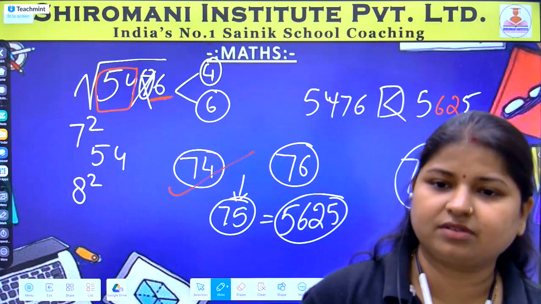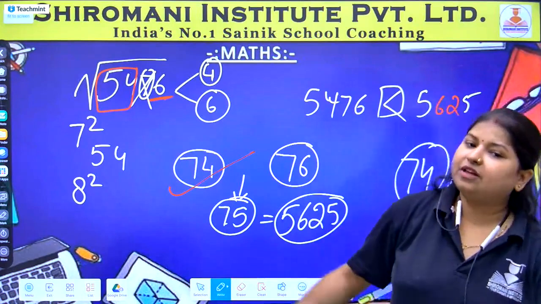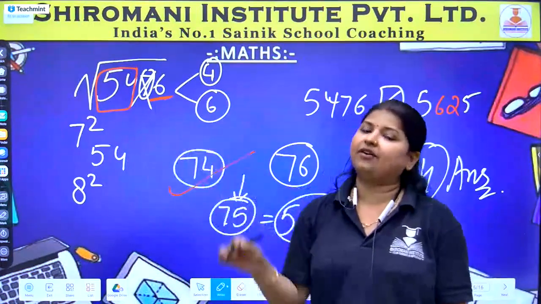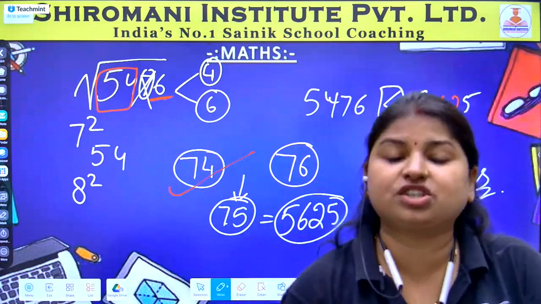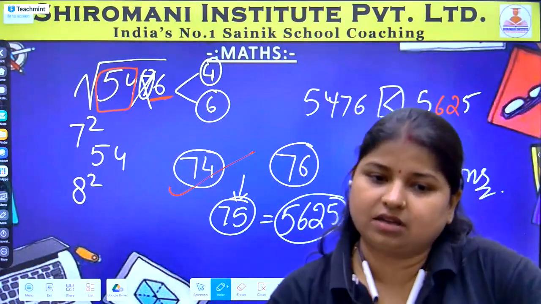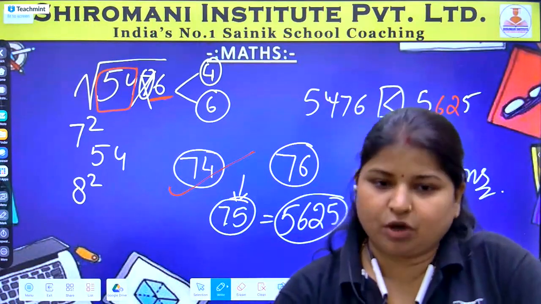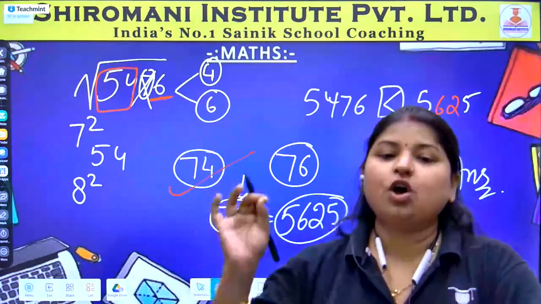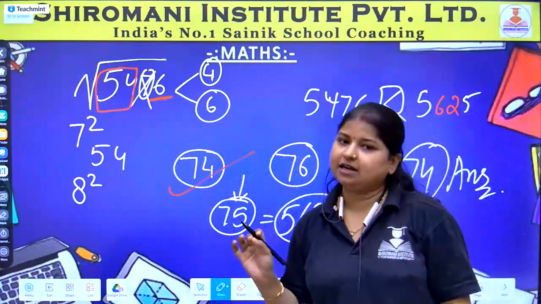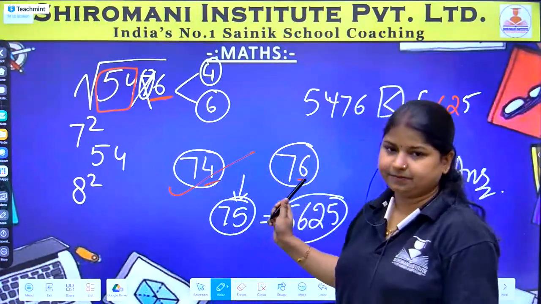Please turn it off. If the last digit is 6, you have to check that 6 comes in the square of which number. So 6 comes at the end of the square of 4 and 6, because 4 into 4 is 16, 6 into 6 is 36. So whatever is my answer, last digit will be either 4 or 6.